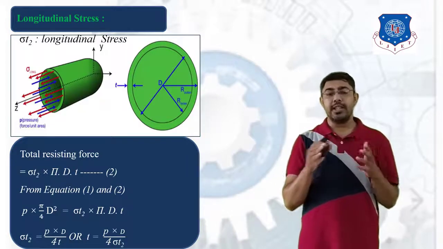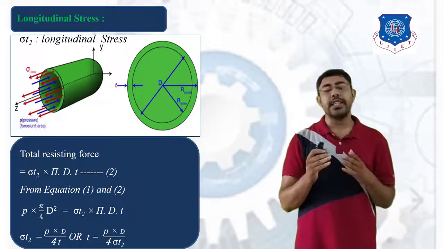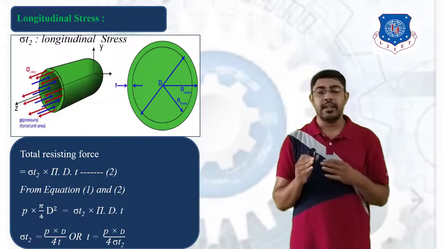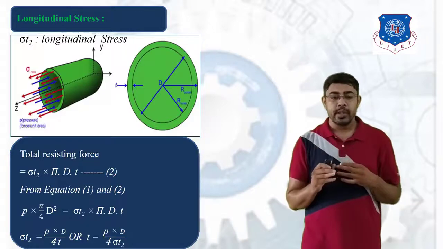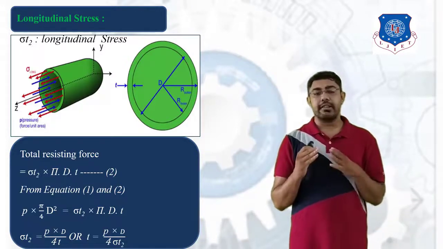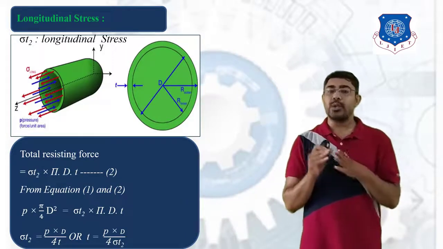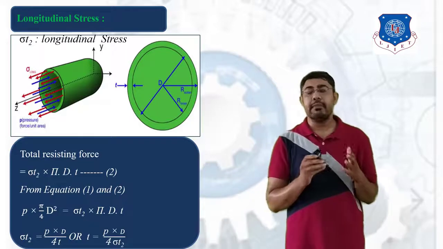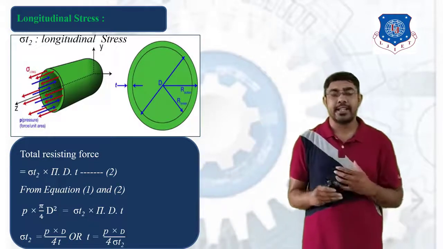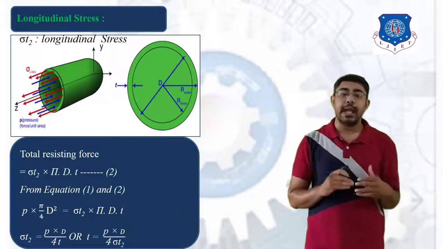If we solve these, we get sigma T2 is equal to P into d divided by 4t, or the thickness of the cylinder t is equal to P into d divided by 4 into sigma T2. Here sigma T2 is the longitudinal stress, equal to P into d divided by 4t.